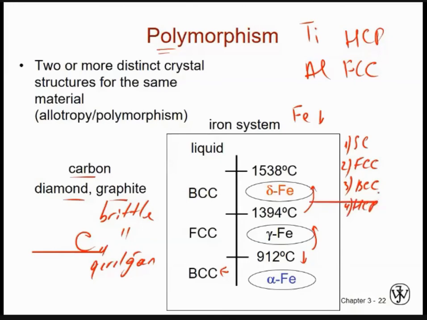What you are required to do is to learn what they look like, what their coordination number is, what the APF is, and atoms per unit cell. What these values are, you have to learn this. It's kind of a summary. And that's it for this video. I hope I made things clear. So, thanks.